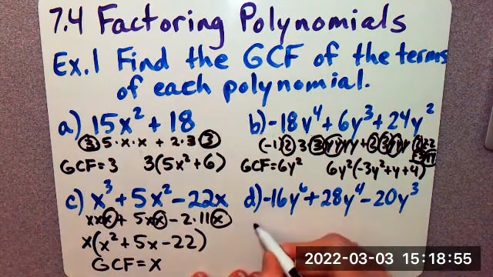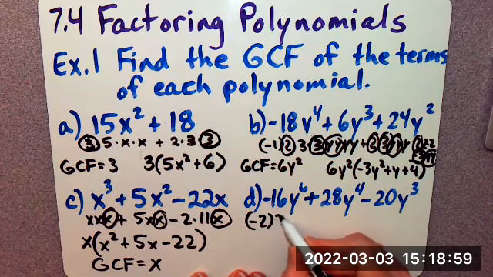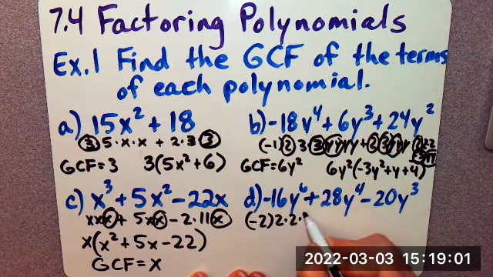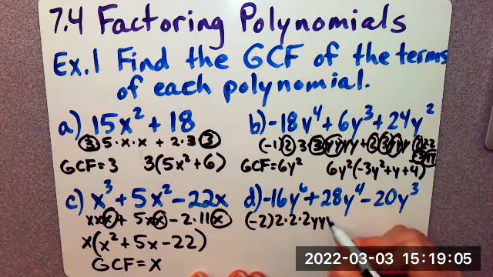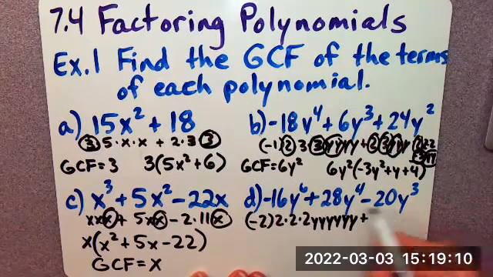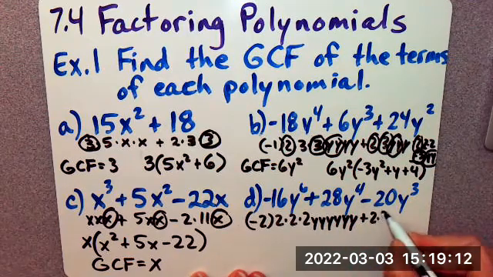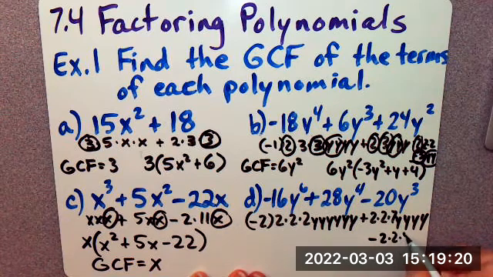All right, so when we look at this one, we have -2 times 2 times 2 times 2 times 6 y's, y, plus, and then this is 2 times 2 times 7, y, minus 2 times 2 times 5, y.